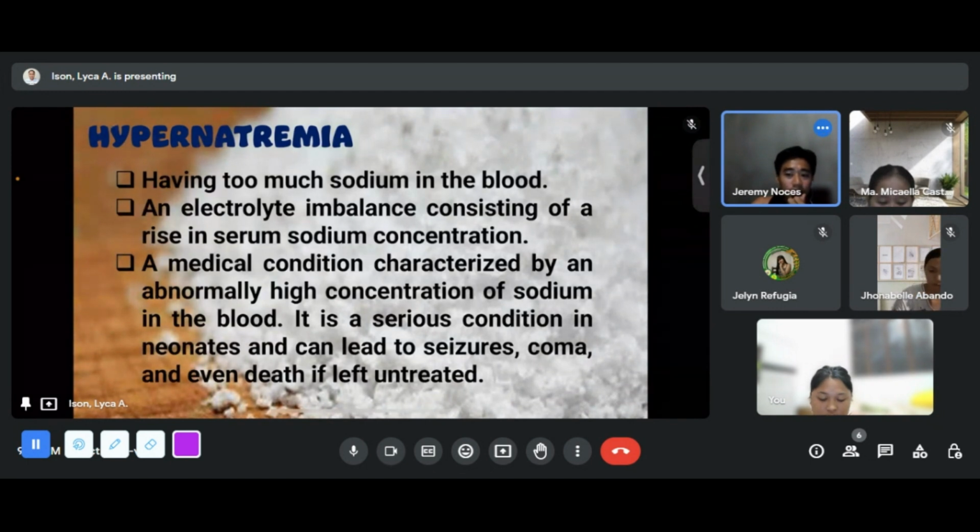'Di ba nga, we have the process of osmosis where water moves from an area of lower concentration to an area of higher concentration. So ang nangyayari, nade-dehydrate si cell kasi nga wala ng water sa intracellular fluid. As a result, there is a shrinkage of the cell. That is when it will lead to seizures, coma. And the other reason is also the changes in the concentration of electrolytes in the cell. Next.